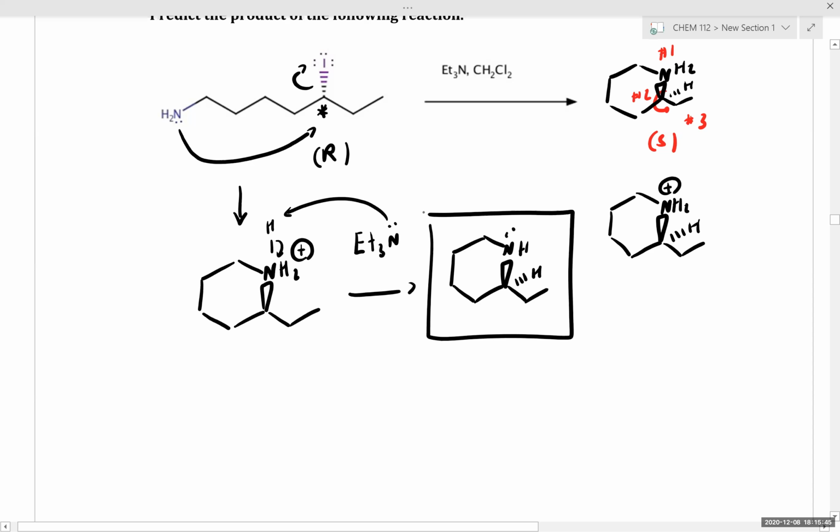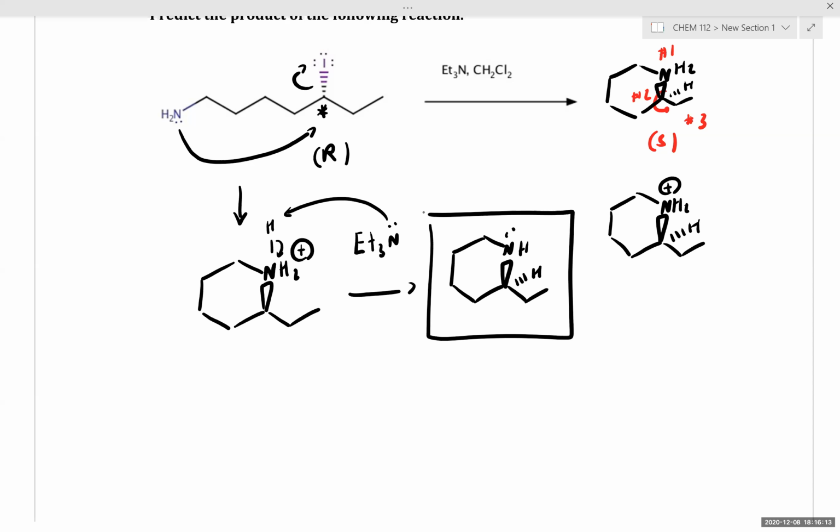So the way that I like to tackle these problems is first I make sure I have my stereochemical outcomes sorted, and then I check and make sure that I've accounted for any intermediate steps in the mechanism. So we have our cyclization, we make a cationic species, we have a base floating around, so we can pull off a proton and generate our neutral amine. Does this example make sense to everyone?